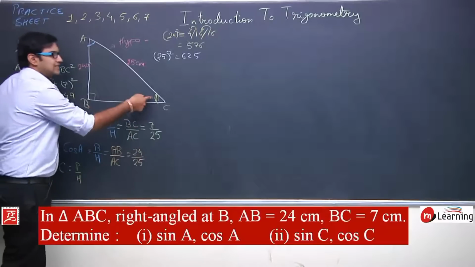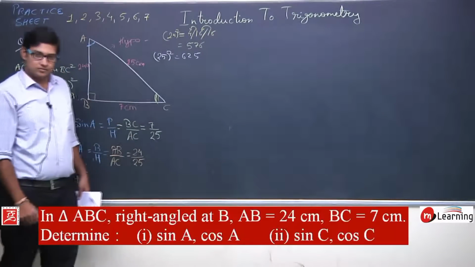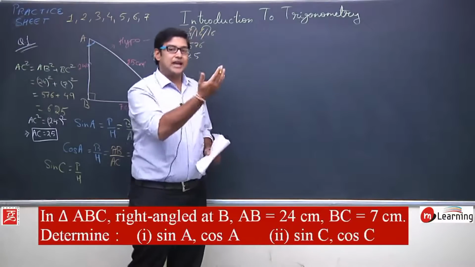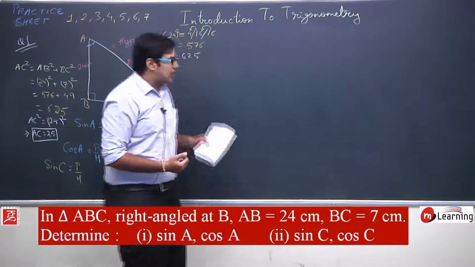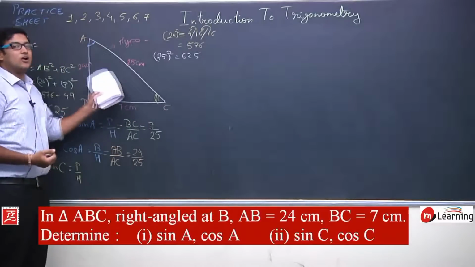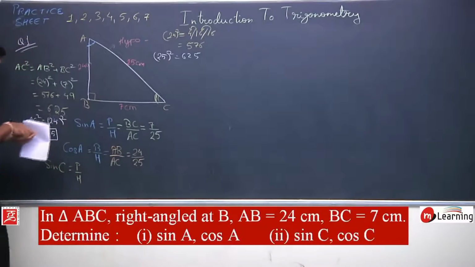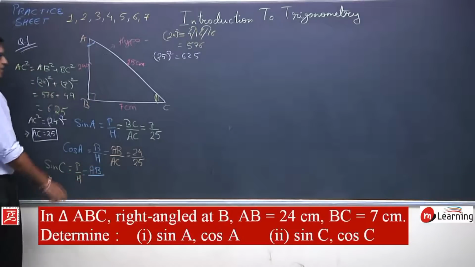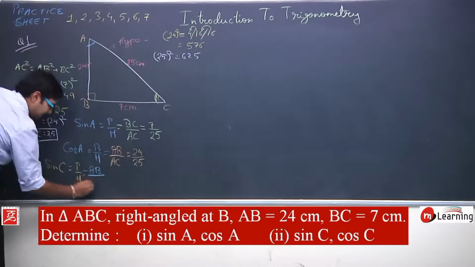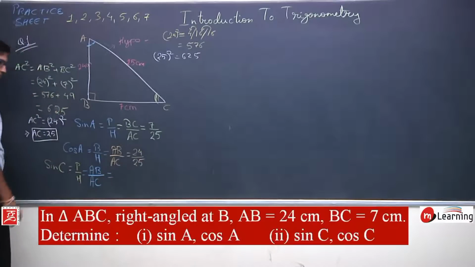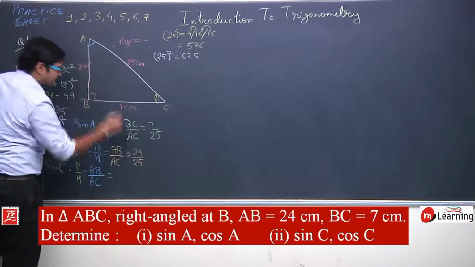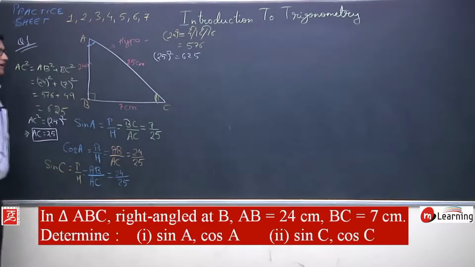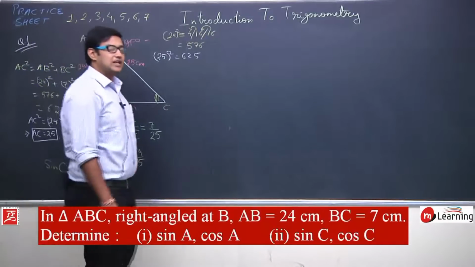Now with respect to this angle C, what is the perpendicular? जैसा कि हमने कहा, angle के opposite वाली side perpendicular है, angle के साथ वाली side base है. तो यहां पर angle C के सामने, angle C के opposite AB side है. So definitely this AB is the perpendicular. So in place of perpendicular I can write AB upon hypotenuse. Hypotenuse will remain same, that is AC. So AB upon AC, AB is 24 and AC is 25. So this is the sine of angle C. So I have calculated the sine of angle C.